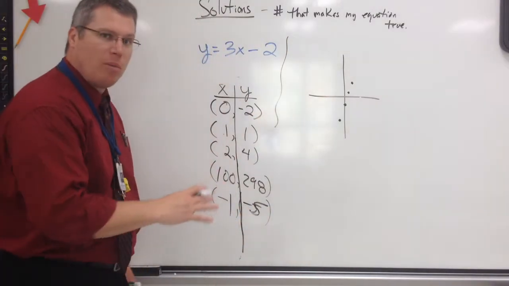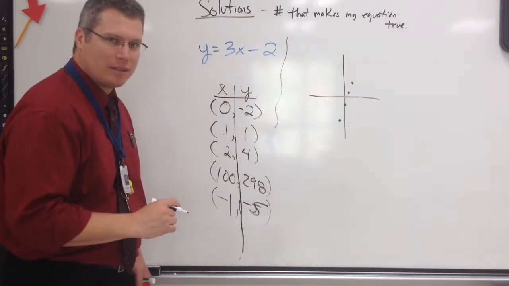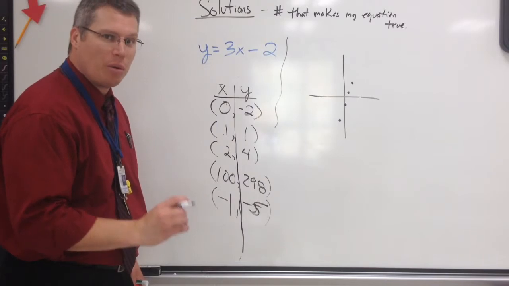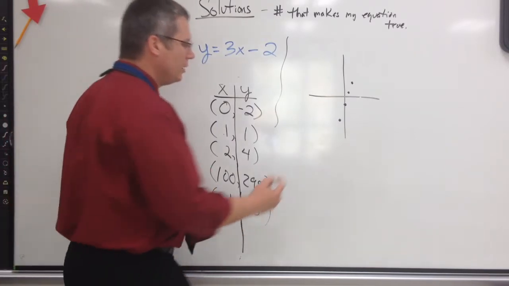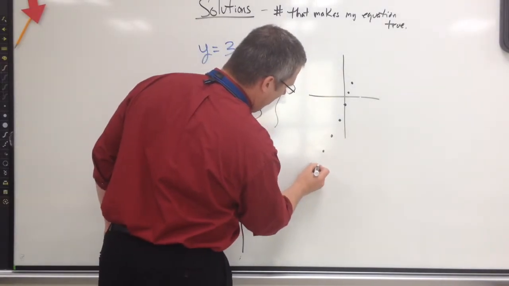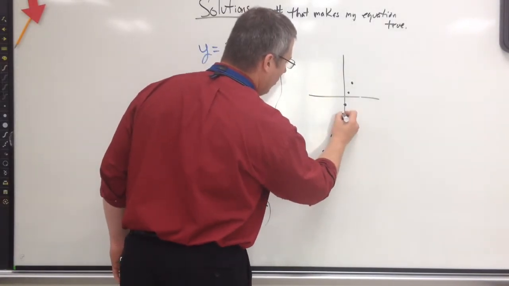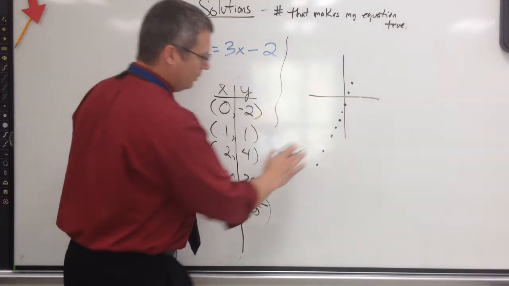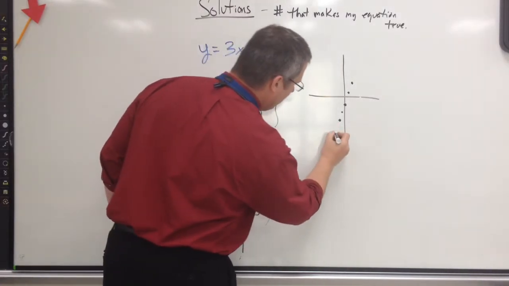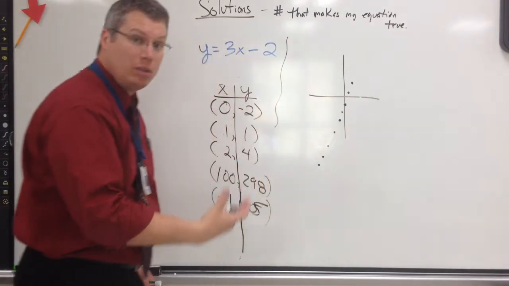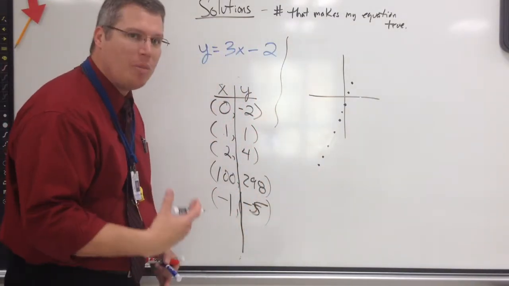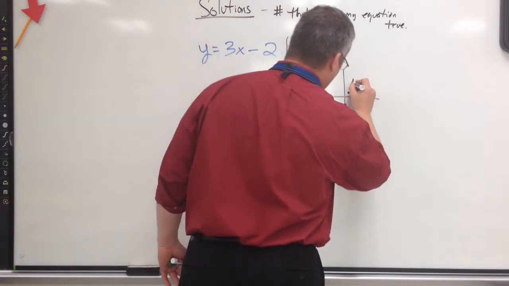Now, I know this is a small picture, but I want you to look at the dots. Do you notice anything with your ordered pairs? How do I show all of the dots? Ordered pair, ordered pair, ordered pair, ordered pair in between, ordered pair in between. My picture's off a little bit. What I want you to notice is all of these solutions, an infinite amount, will make a picture.